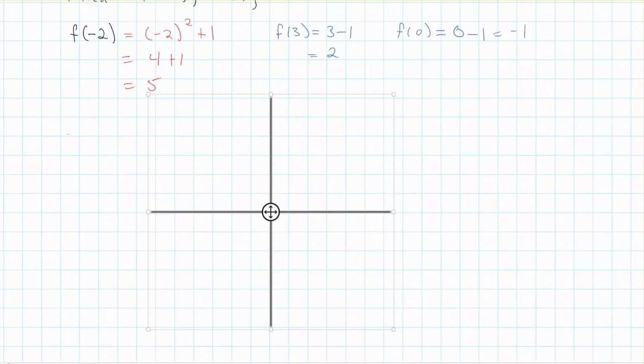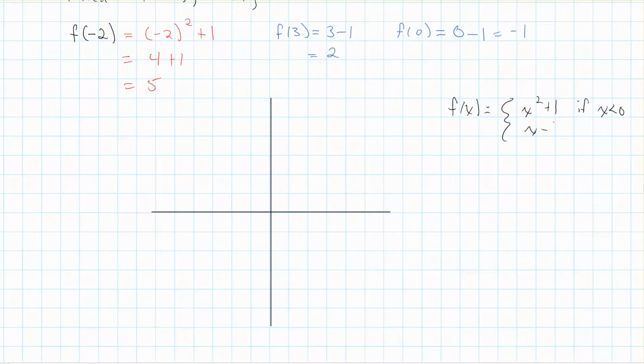So let me write the function down again so I don't have to keep scrolling back up and down. So f of x is equal to x squared plus 1 if x is less than 0, and it's equal to x minus 1 if x is greater than or equal to 0. So I like to plot both of these here.